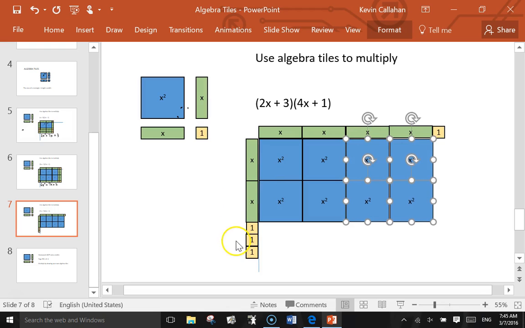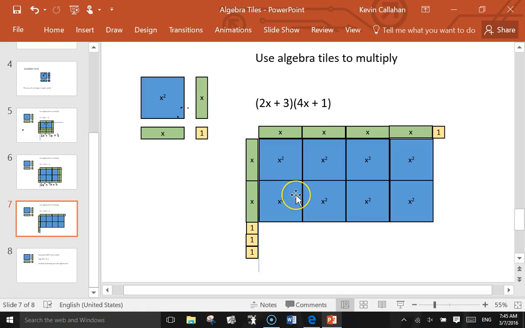Okay, what do I need to do underneath those x squareds? I need the 1 times x, right? Yeah, probably the 1 laying down, which again, you would just draw it the right way.